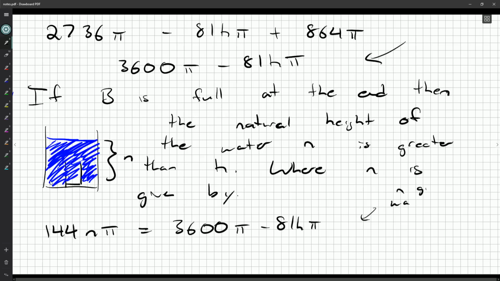So N gives water level if there were no B.